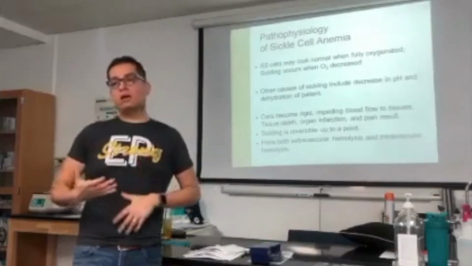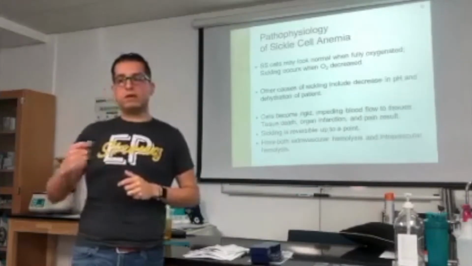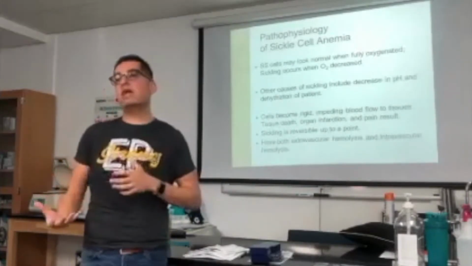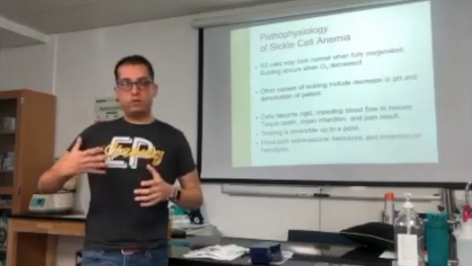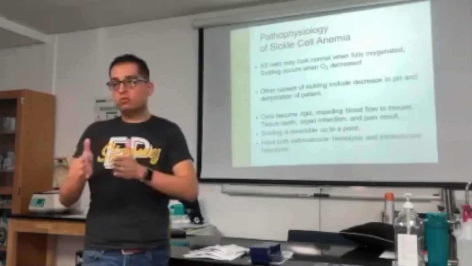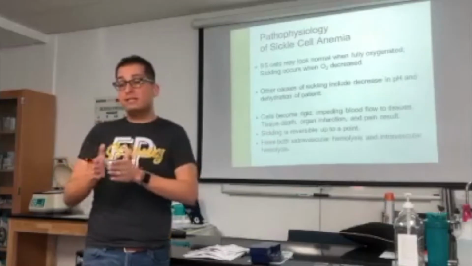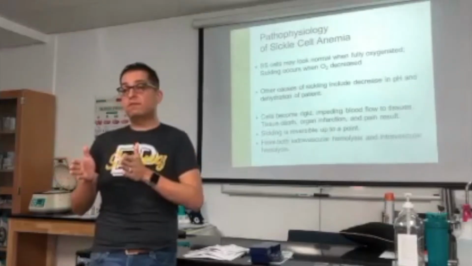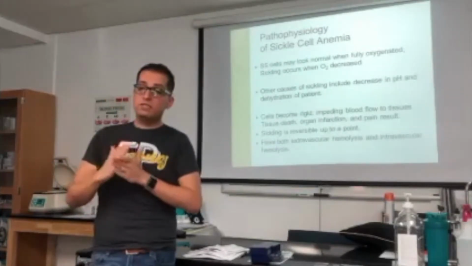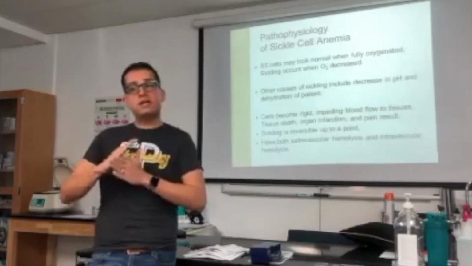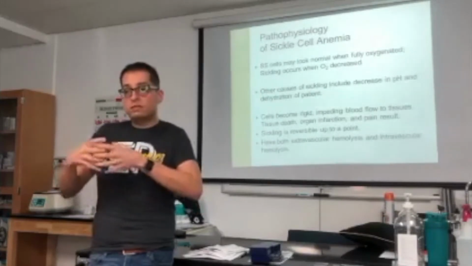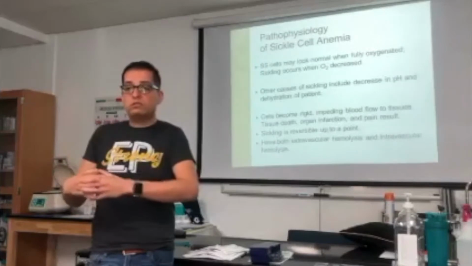So what does that cause? We can already think about it. What happens when I get to those capillaries? For example, when I only have a space that's only 5 micrometers in length, that rigid RBC is not going to be able to bend in on itself to move through that really small space.